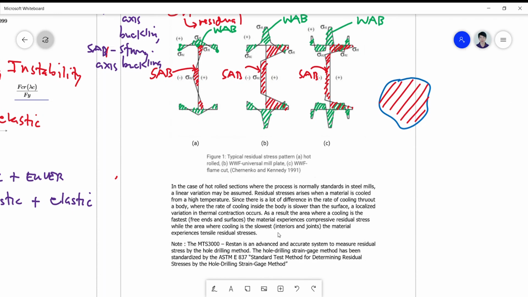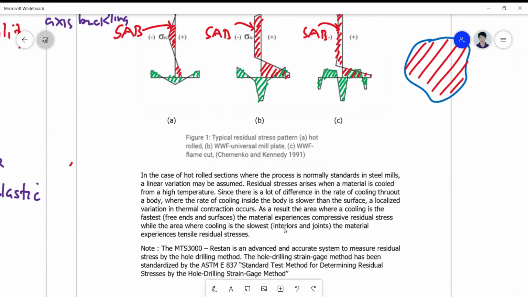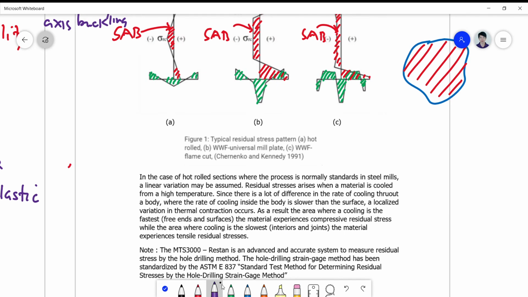Now take note that the residual stress is actually very much dependent on the cooling procedure rather than the heating procedure, although of course both affect the residual stress values and pattern, but still the process of cooling is the one that is much more influencing in terms of the value of your residual stress.